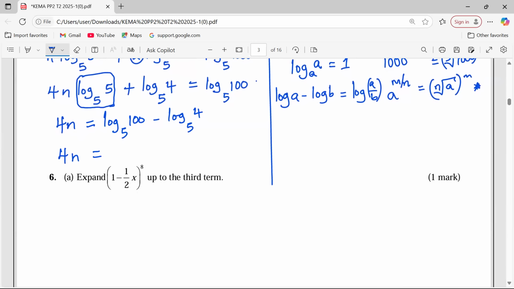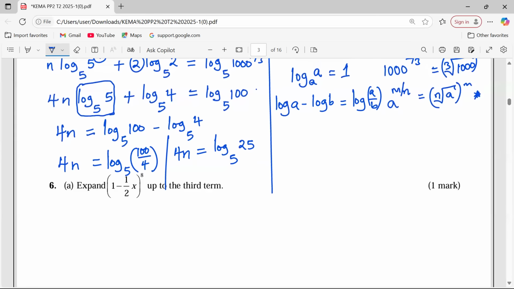And that is the case in our working here. Then the log to base 5 of 100 over 4. At this point, we'll be having 4n equals the log to base 5 of 25.